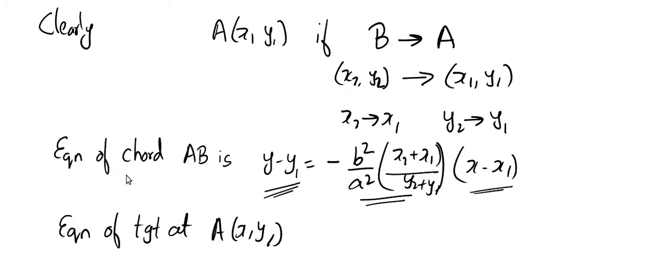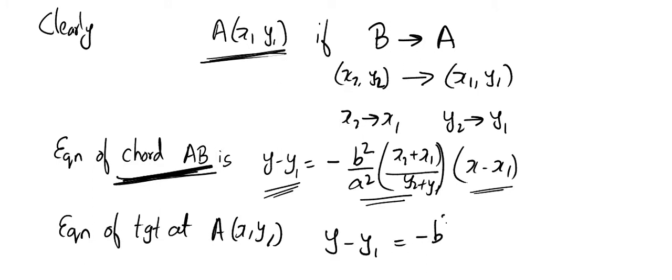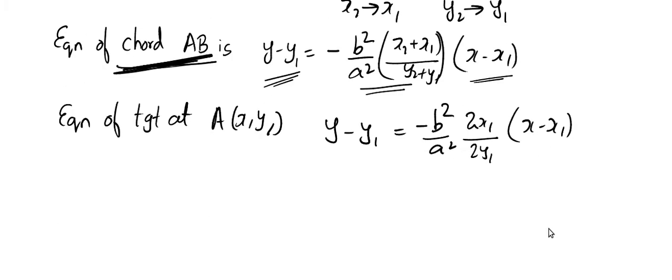Now look at this. This is the equation of chord AB. And I have written very clearly the chord AB will become a tangent if, tell me please, b square by a square, x2 must become x1. So x1 plus x1 will be 2x1. y2 must become y1, so y1 plus y1 is 2y1 times x minus x1. And this 2 and 2 will get cancelled.